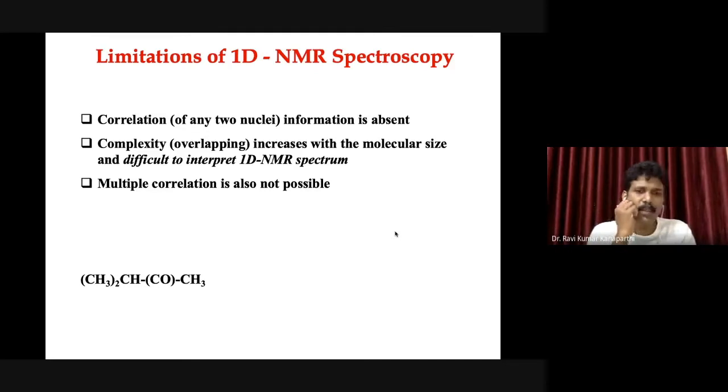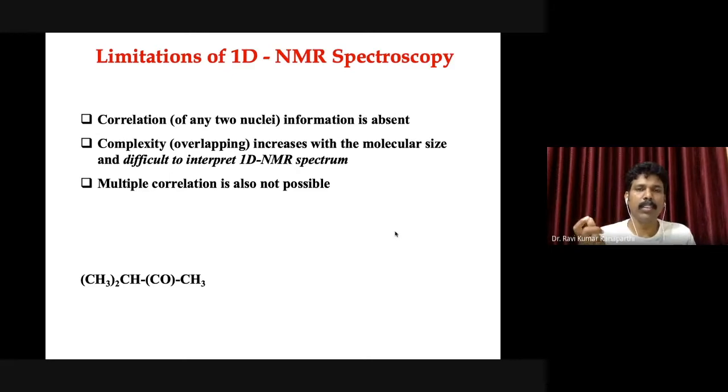You take any NMR spectrum, how one nucleus is connected with the adjacent nuclei is totally absent. So we can't find any correlation. Correlation means the connecting information, how a nucleus is connected with another nucleus. The connectivity information, what we technically call correlation, is totally absent.